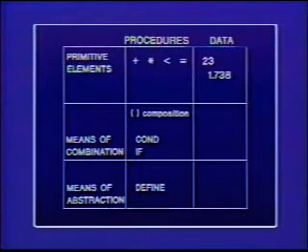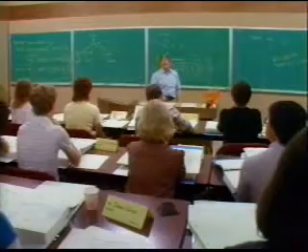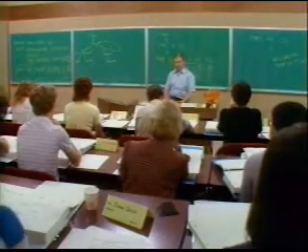You can also see from this slide not only where we've been, but holes we have to fill in. At some point, we'll have to talk about how you combine primitive data to get compound data, and how you abstract data, so you can use large globs of data as if they were primitive. So that's where we're going.